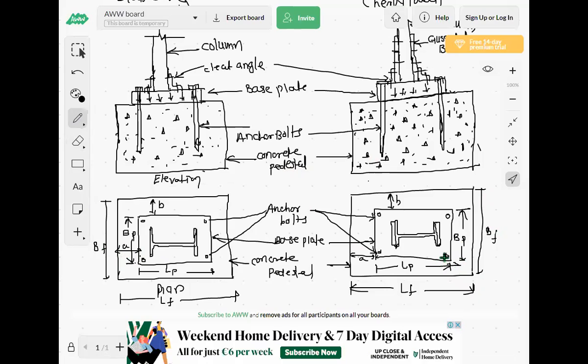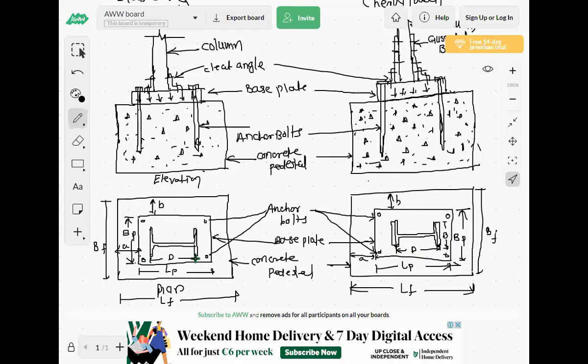Draw the sketches. Again, if you see here, this is the depth of section, depth of I section, and this is the width of I section. So capital D is the depth of I section, and this capital B is the width of I section.